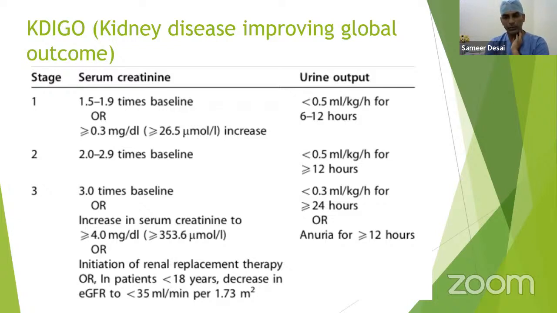You should be knowing. And as I said, for a 70-year-old frail 50 kilo female, even with a serum creatinine value of 1.3, the GFR will come to somewhere around 40, which means the renal functions are already affected.